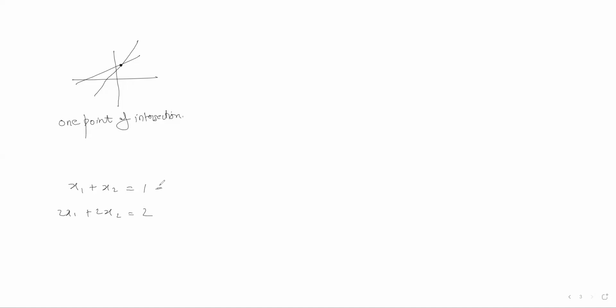For this, if I find which point can satisfy this equation, like if I take x1 equal to 2 and x2 equal to minus 1, it will satisfy the first equation. And if I take this in the second equation, x1 equal to 2 and x2 equal to minus 1, is it satisfying or not? Check it.